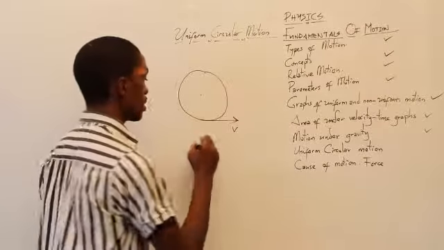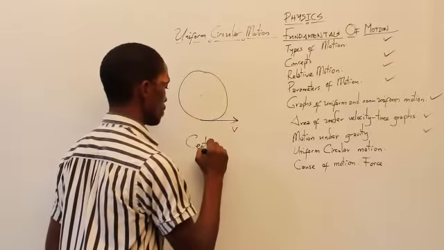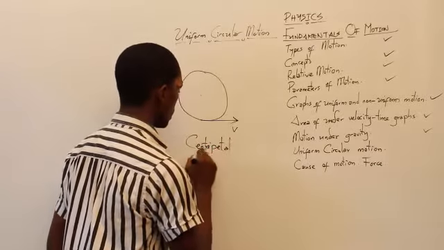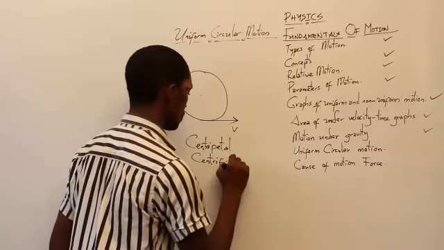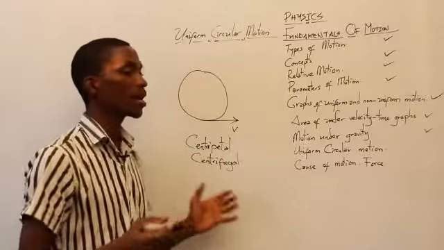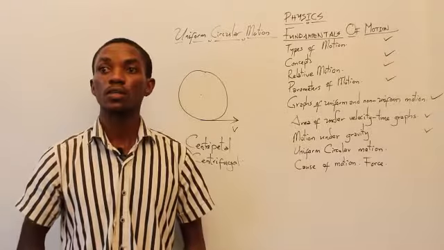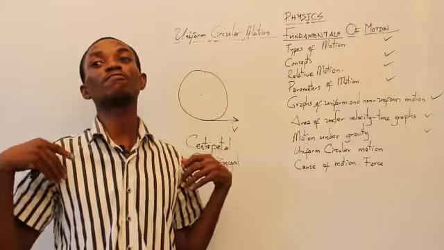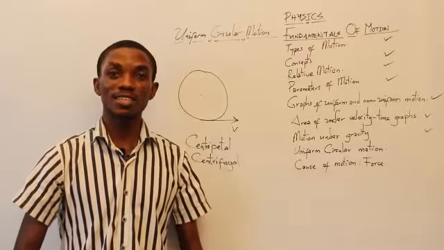There are two types of this velocity. We have the centripetal and the centrifugal. While the centripetal velocity tries to pull everything towards the center, the centrifugal tries to push everything away from the center. So they are like brothers and sisters.